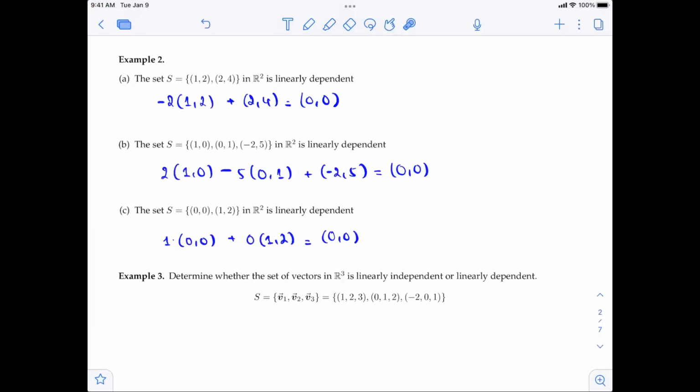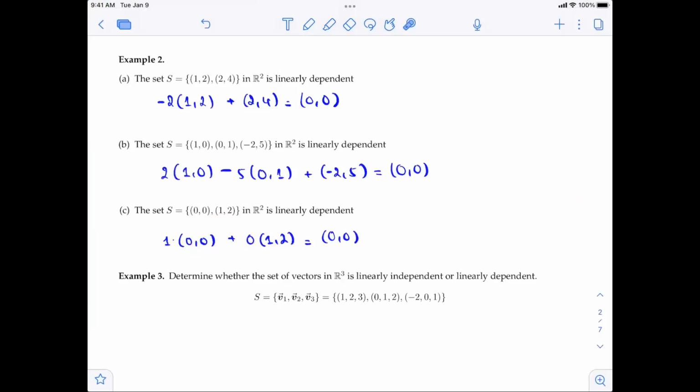It can be 2 times (0, 0), or -5 times (0, 0). Still, the coefficient on the other vector we can set to be 0 as well, so that the sum of the two vectors is equal to the zero vector. Therefore, the set is linearly dependent.